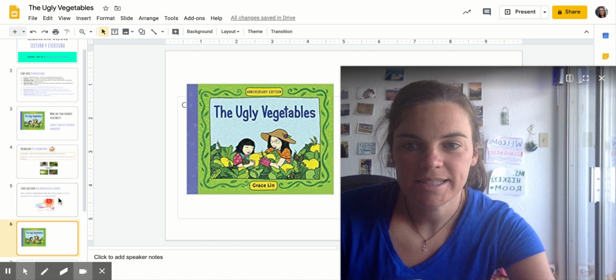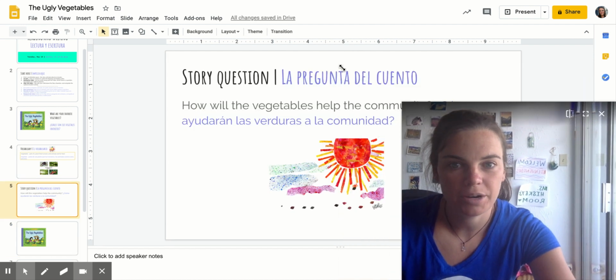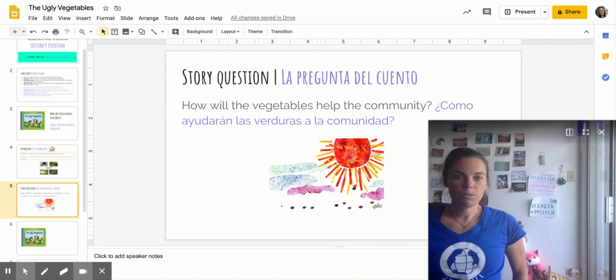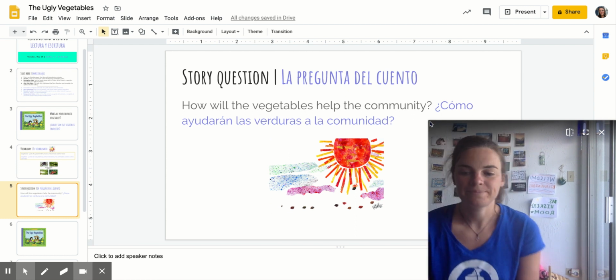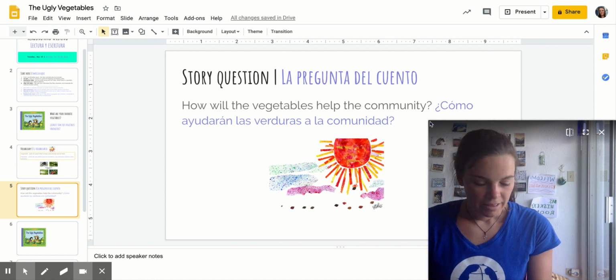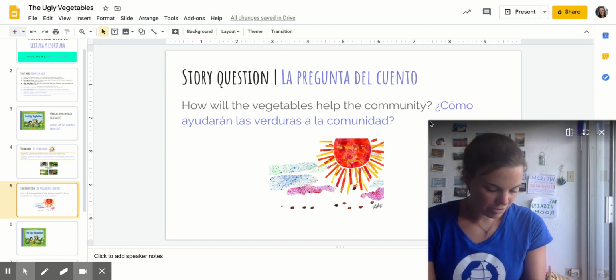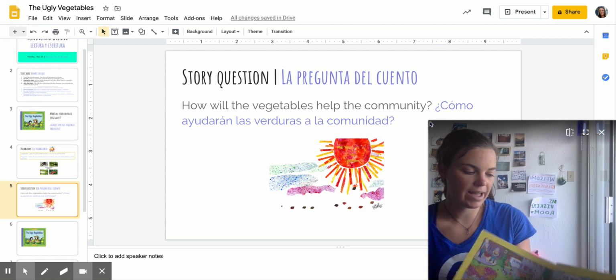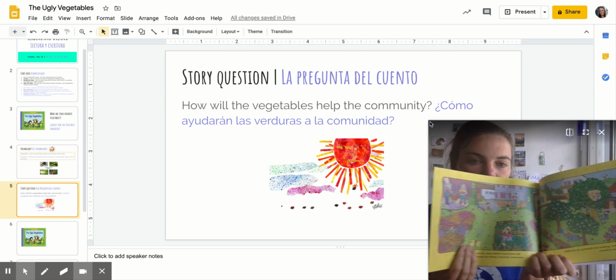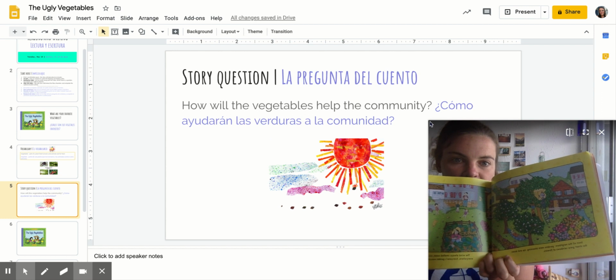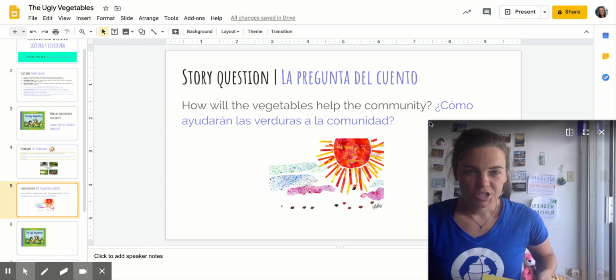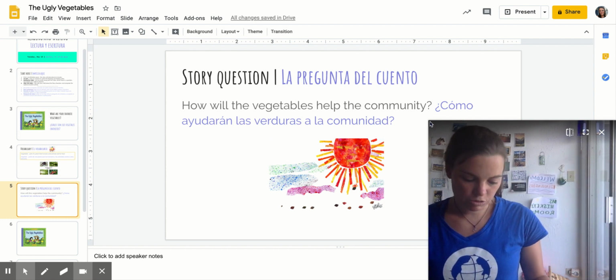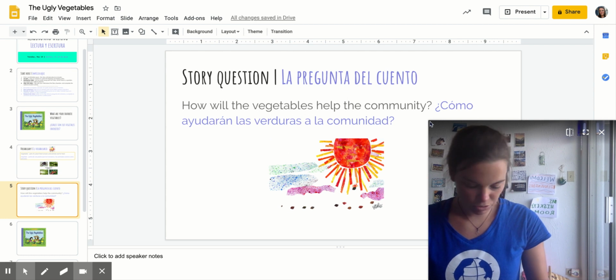Let's go back and see if we can answer our story question. How did the vegetables help her community? Let's look back. At first, the girl was feeling really sad and worried because their garden looked so different than all of the flower gardens. Do you remember what happened when the vegetables grew and the mom cooked the soup?